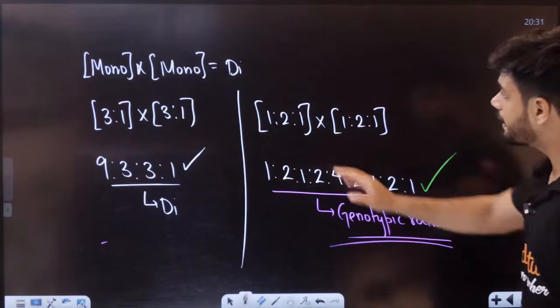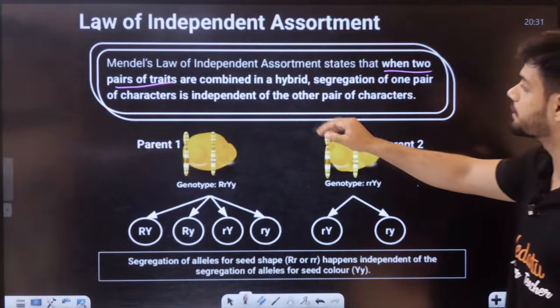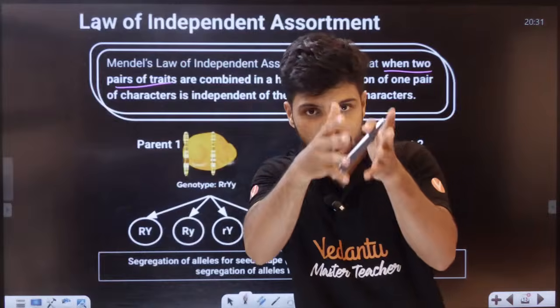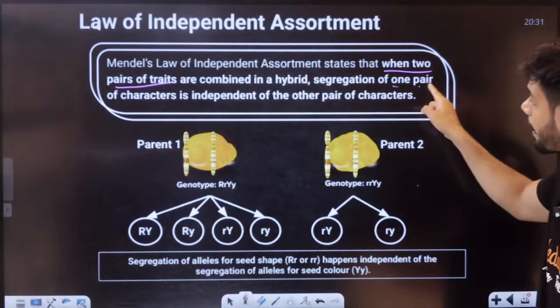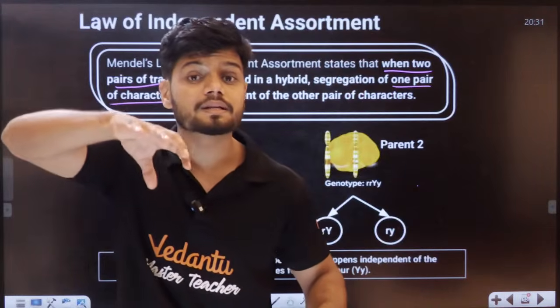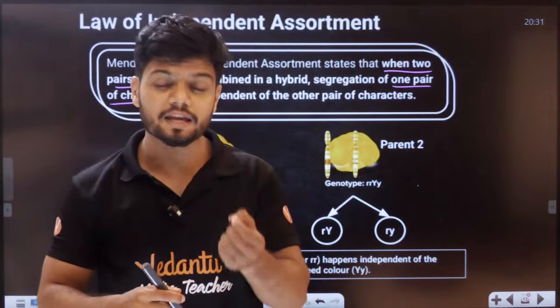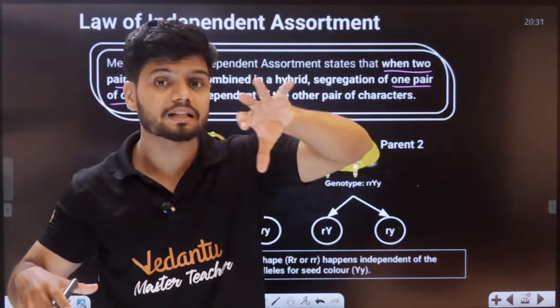So the law of independent assortment says that whenever there are two characters together, seed shape and seed color together, segregation of one pair of characters, that is segregation of seed shape, will be independent of segregation of seed color. So seed shape will go separately, seed color will go separately.